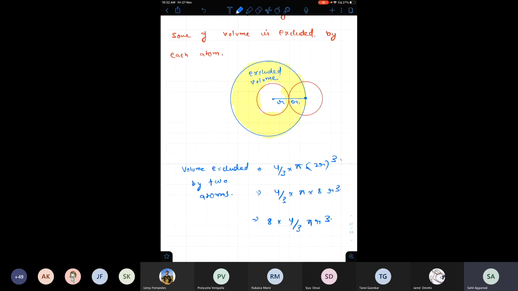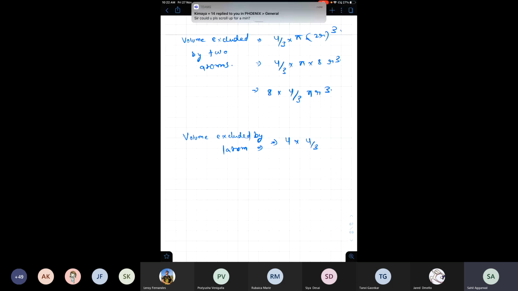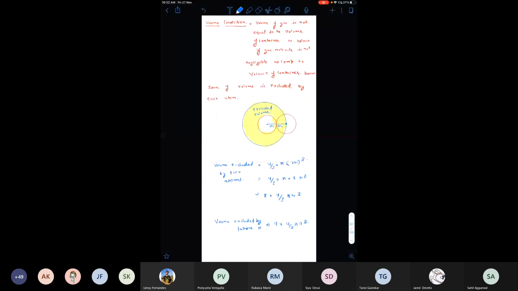Volume excluded by two atoms is this much. So volume excluded by one atom will be half of this, 4 into 4 by 3 pi r cube. So volume excluded by one atom is 4v.